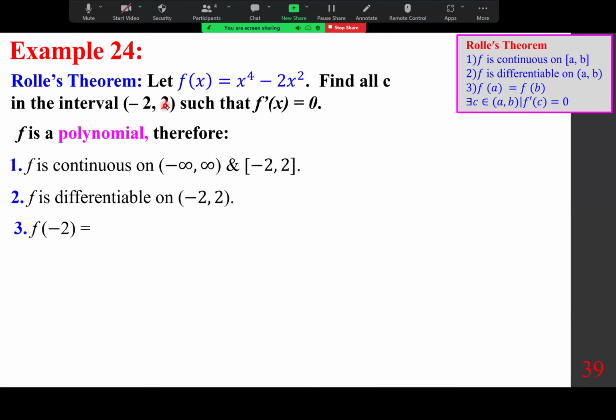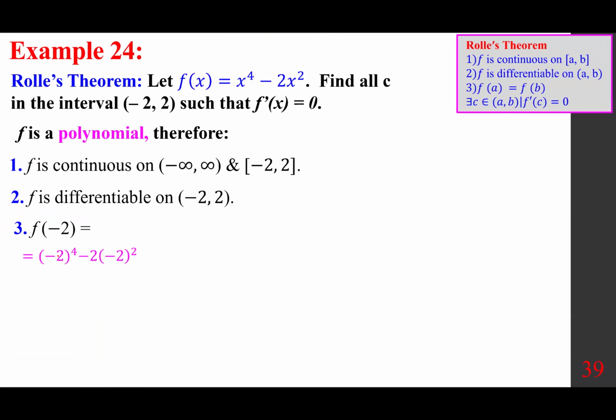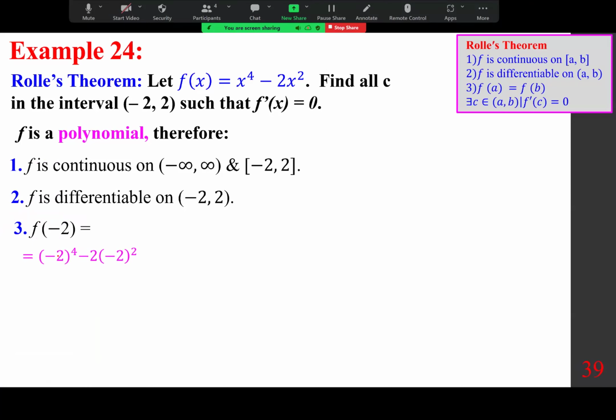Now, f of -2: if I put -2 to the power of 4 minus 2 times -2 squared, I get 16 minus 8, which is 8.